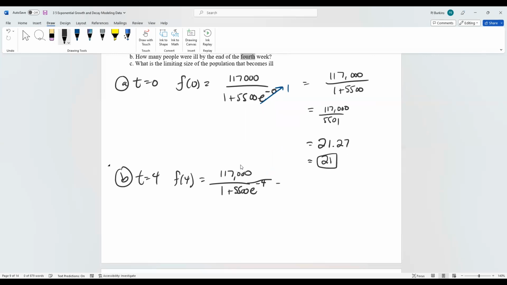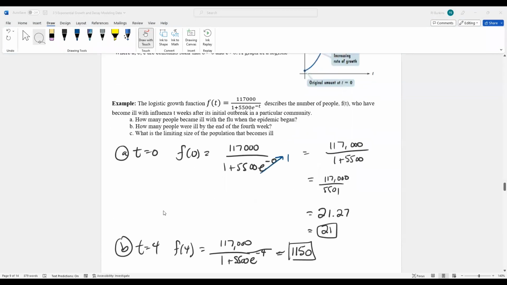Once again, we could just go ahead and plug that into the calculator. Again, if you would like, follow along. If not, you can just skip ahead to get to the answer. Alrighty, after T equals 4, we have approximately 1,150. So that's after 4 weeks.